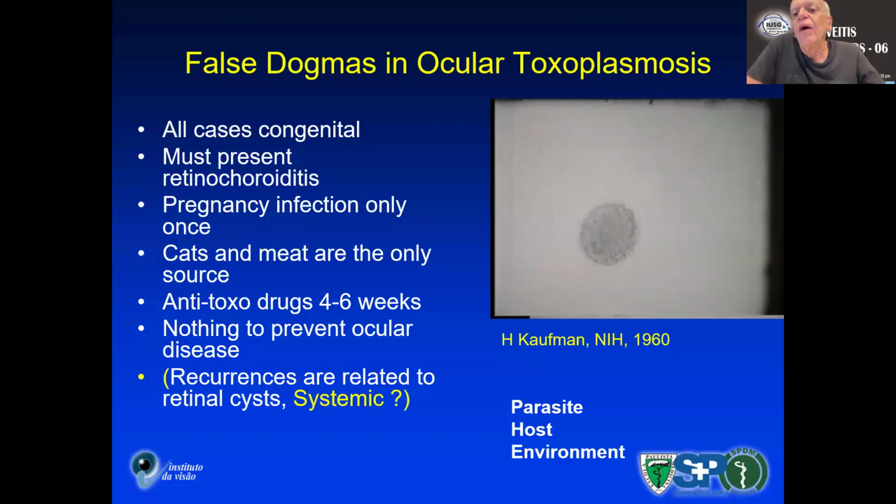We don't know. We know that the parasite, the host, and the environment, the three are very important, and usually they are together causing the uveitis, which sometimes is easy to diagnose and sometimes behaves differently than we would expect.